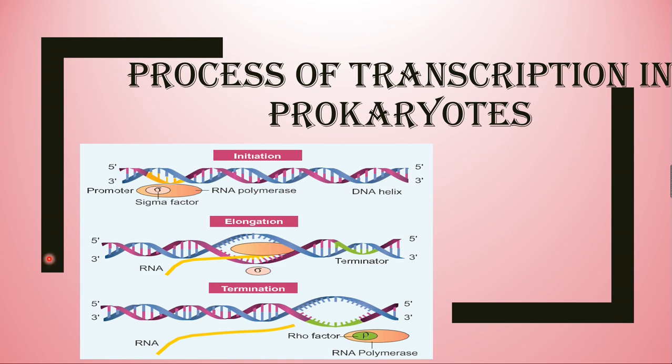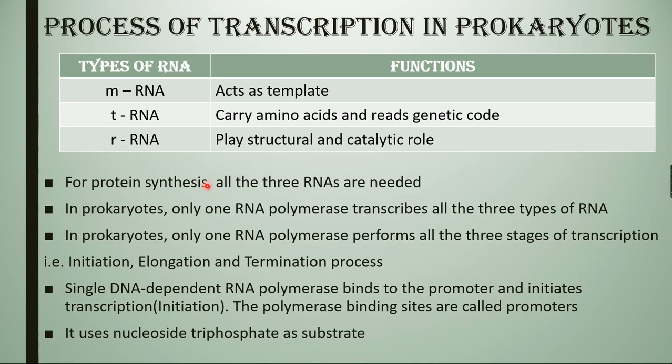Now we'll see these three steps in detail, one by one. The first one, the process of transcription in prokaryotes: RNA is synthesized from DNA, that is called transcription. There are three types of RNA: mRNA, messenger RNA; tRNA, transfer RNA; and rRNA, ribosomal RNA.